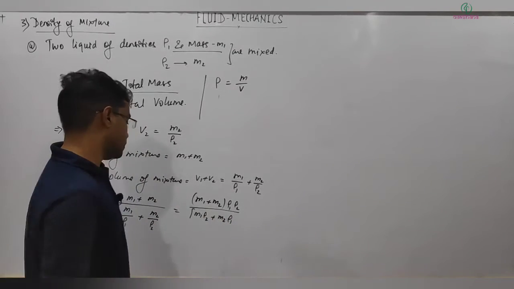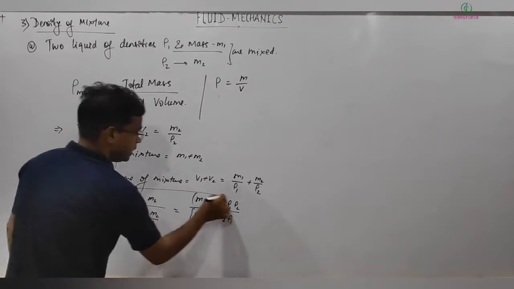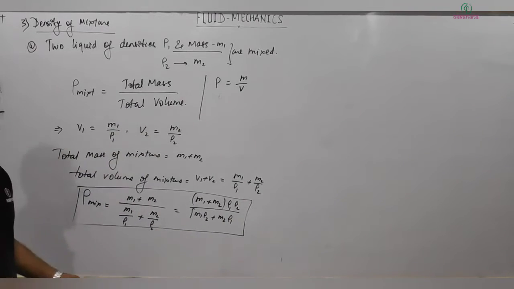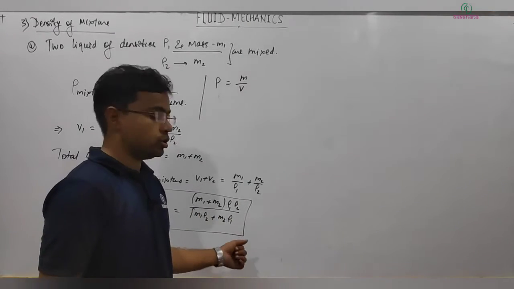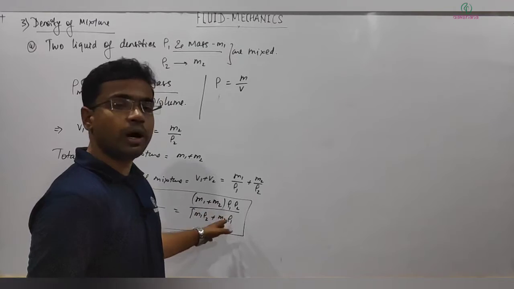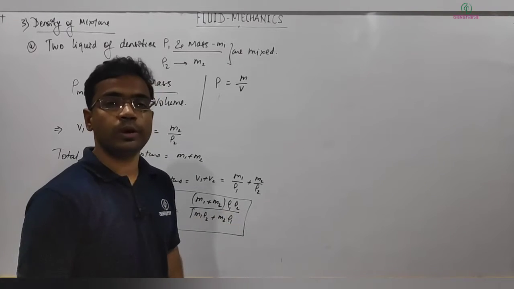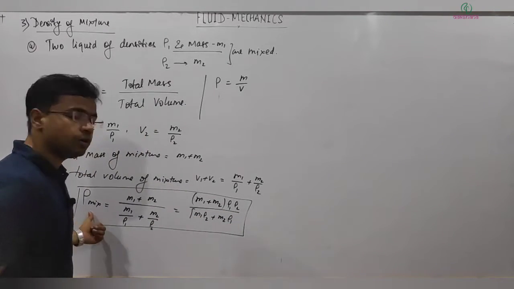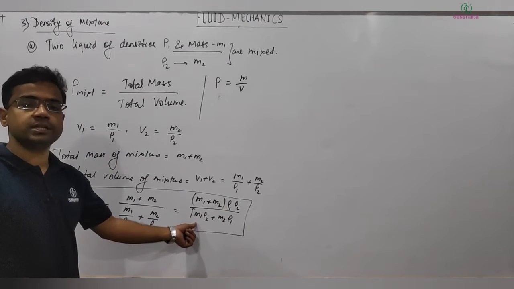So this is the general formula for calculating density of mixture. If two liquids of masses m1 and m2 are mixed having densities rho 1 and rho 2, then density of the mixture can be calculated by using this relation.